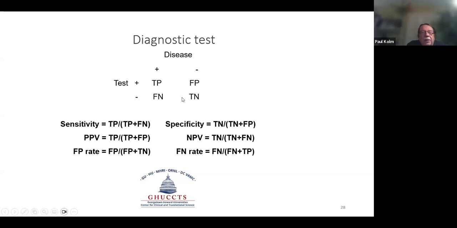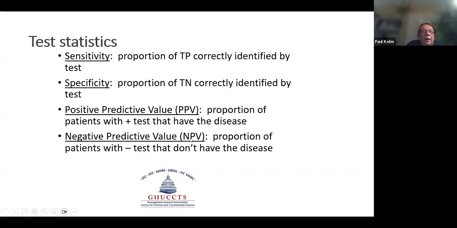The negative predictive value is then the true negatives divided by the true negatives plus the false negatives. So in words, the sensitivity is the proportion of true positives correctly identified by the test. Positive predictive value is the proportion of patients with a positive test that actually have the disease. And specificity is just the opposite of those.